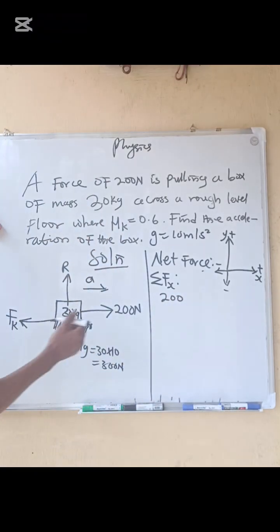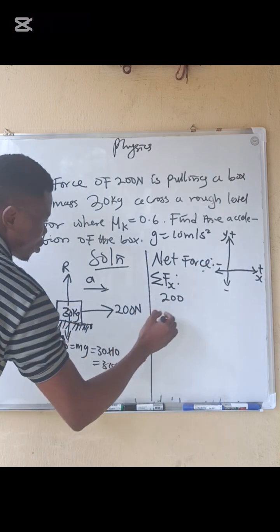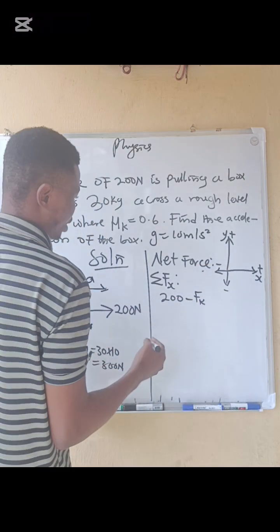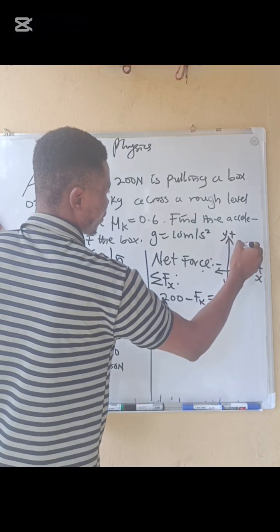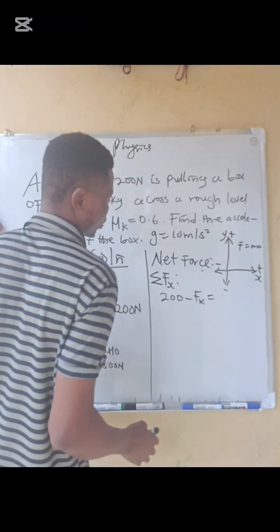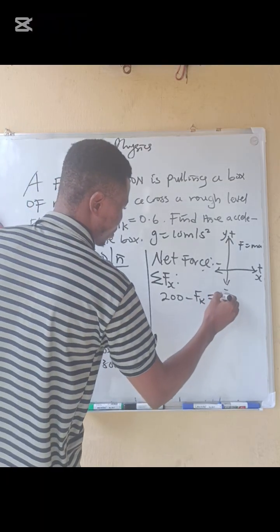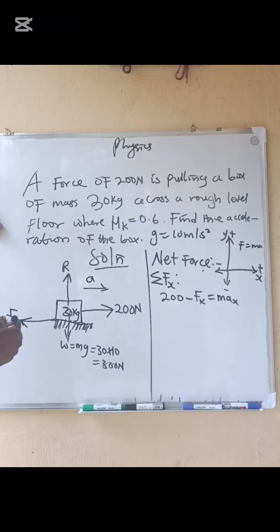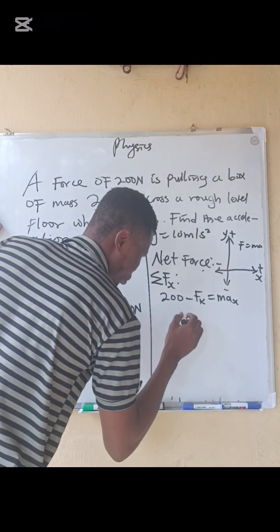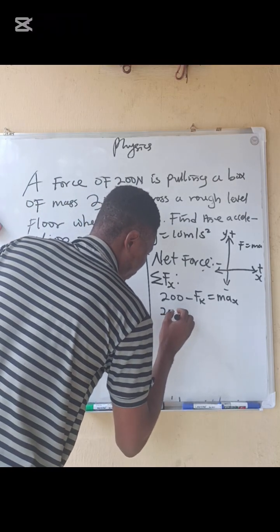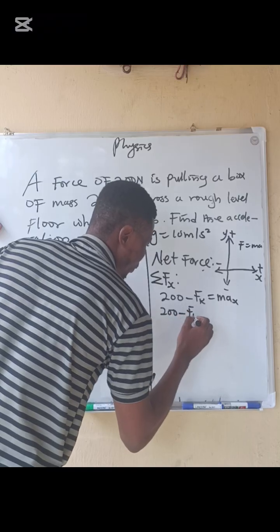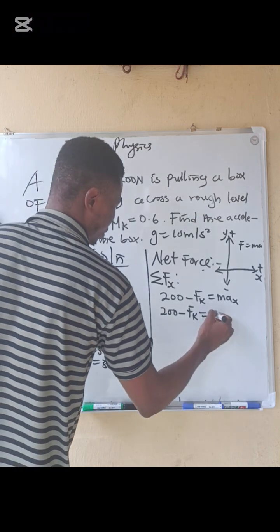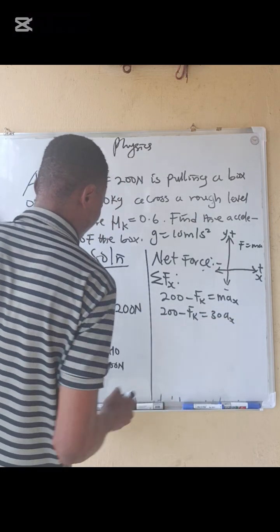Then this one is coming to the negative side, so minus F subscript K. Remember that net force from Newton's law is F equals M A subscript X. So we now have 200 minus Fk equals M, which is 30, multiplied by A subscript X.